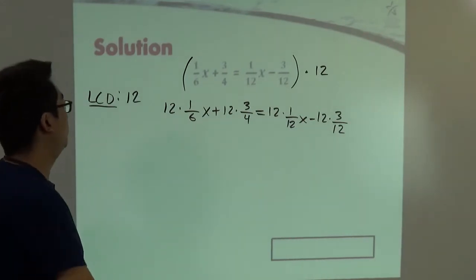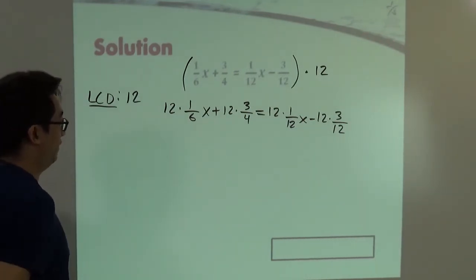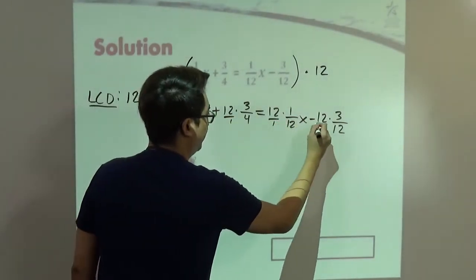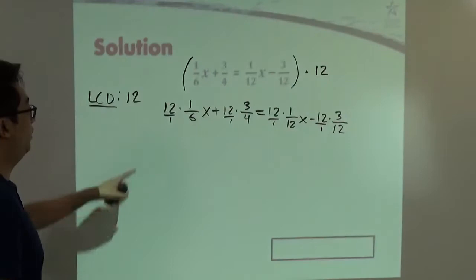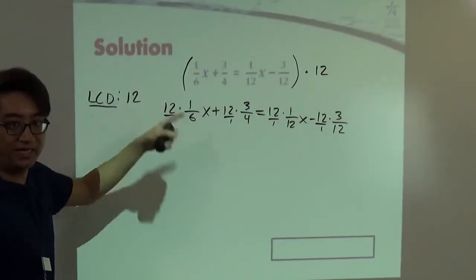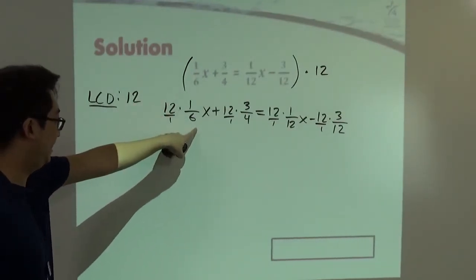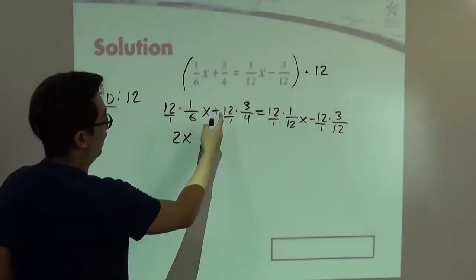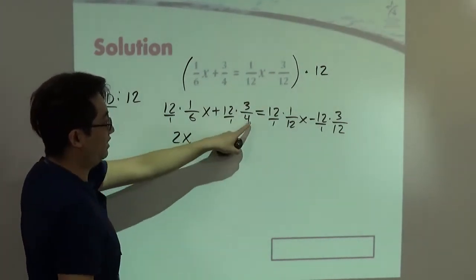Okay, so now we want to simplify. If you want, you can treat these as 12 over 1 to make things easier when multiplying. When I'm writing fractions, I can actually cross divide. So I do 12 divided by 6, that gives me 2x. And then I could multiply by 3 first, but I can divide at the same time.